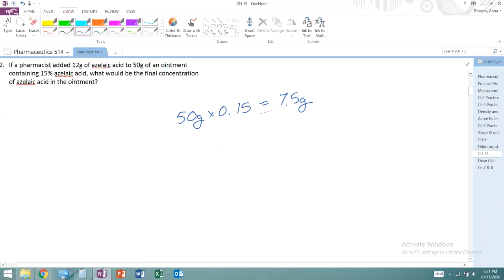And then you would add 12 plus 7.5, because that's how much we're going to add. And that's 19.5 grams. And then you have 19.5 grams of the acid divided by the 50 grams of the ointment, and then the 12 grams of the acid we're adding to make our total on the bottom.